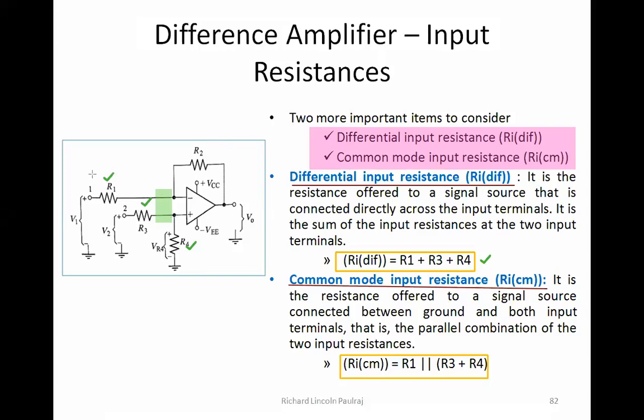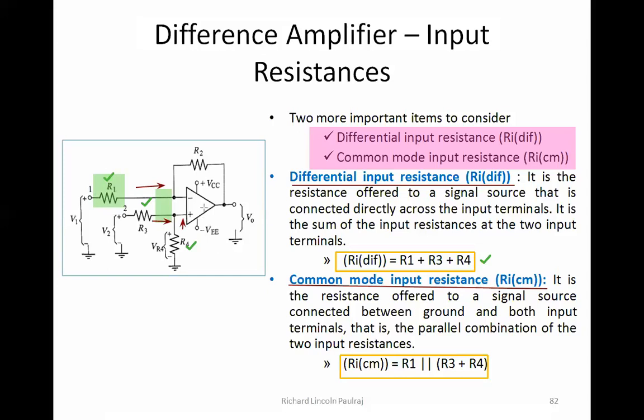I have this R1, because the input is passing through here. Then I have R3, which is also connected to my non-inverting terminal. Then I also have this R4. So all these three resistances are actually affecting how the input is accepted into my op-amp, right?